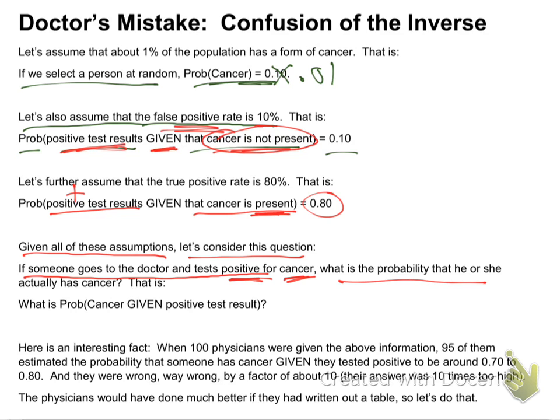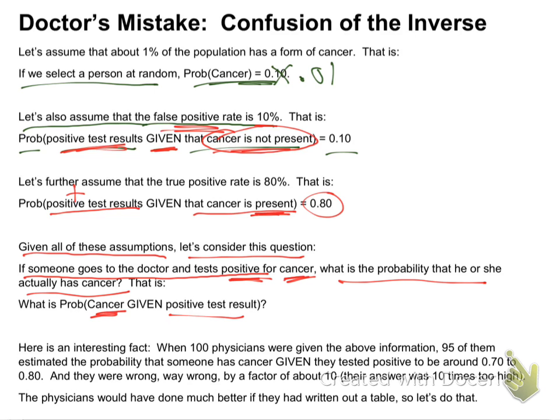What is the probability that you actually have the cancer? That is, what is the probability of cancer given a positive test result?